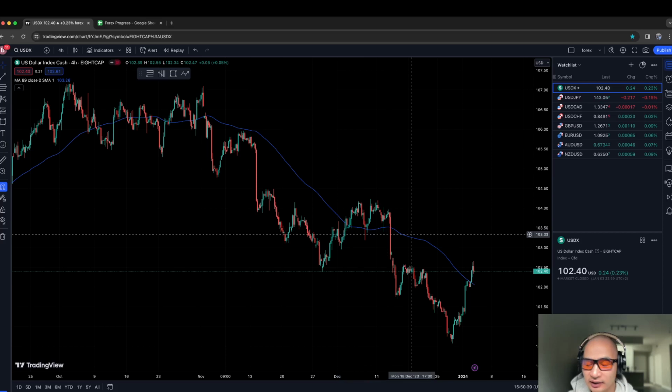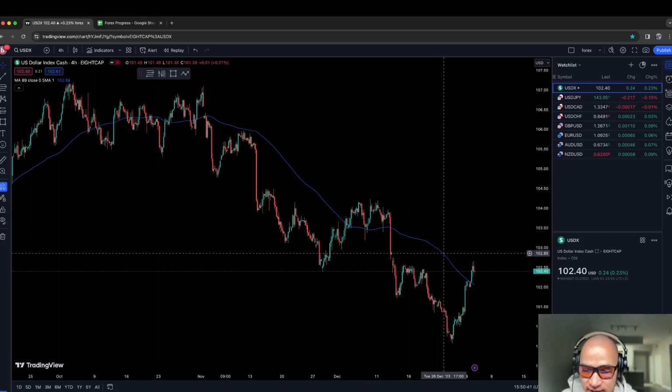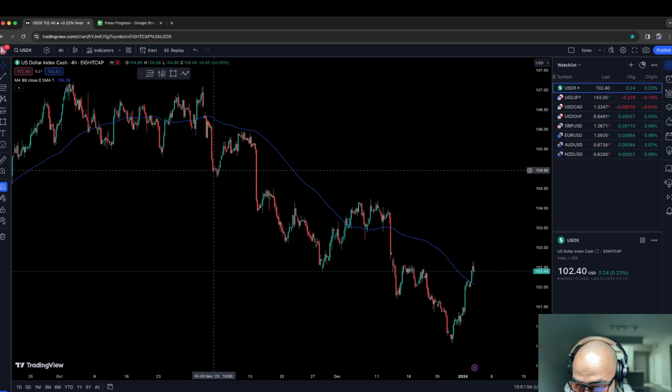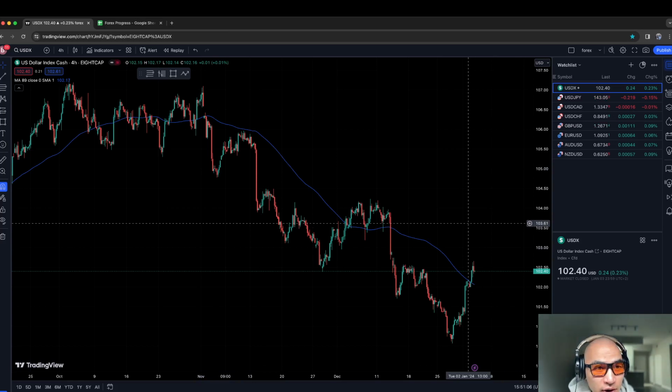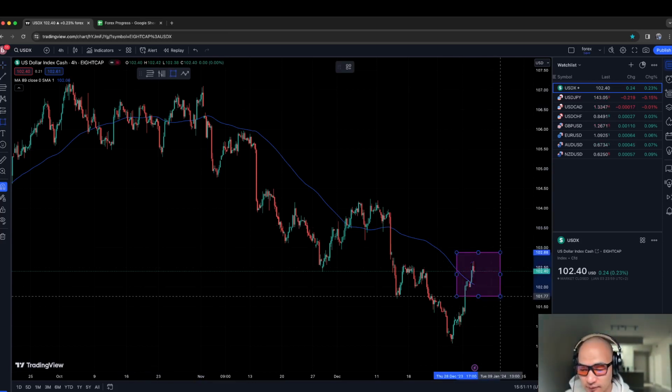So I identify a trend by this rule: if there are at least 10 consecutive candles closed below the moving average, then I will take the trend as down, meaning that the dollar is weakening, and vice versa.